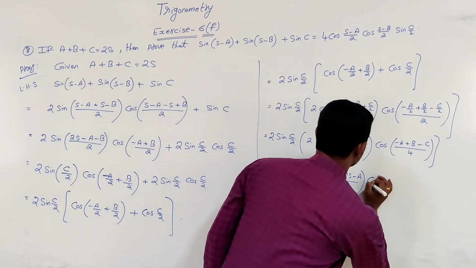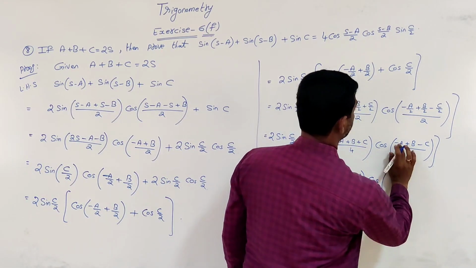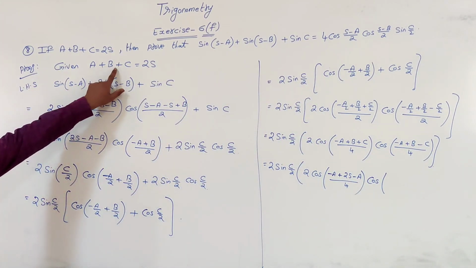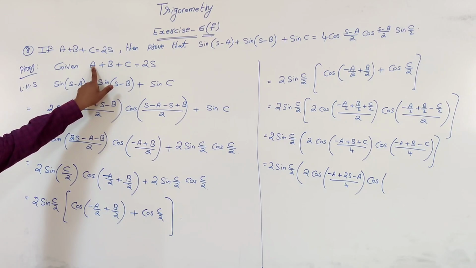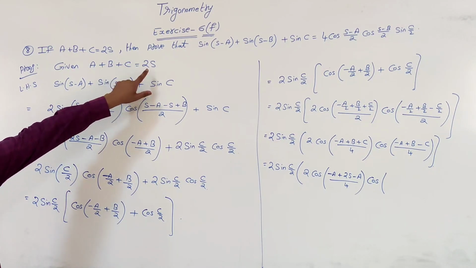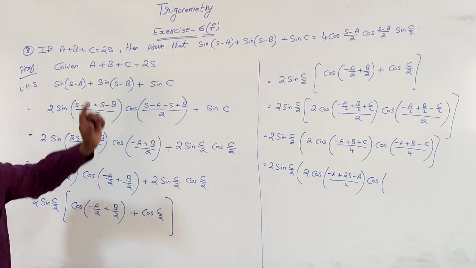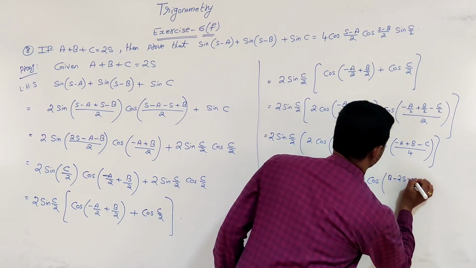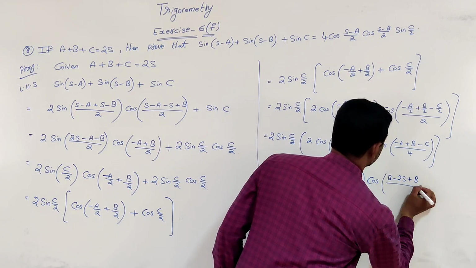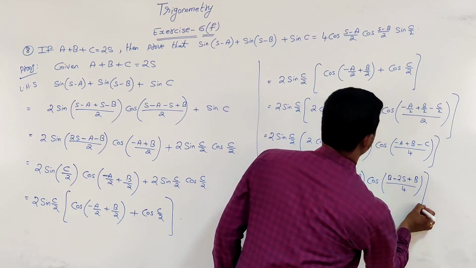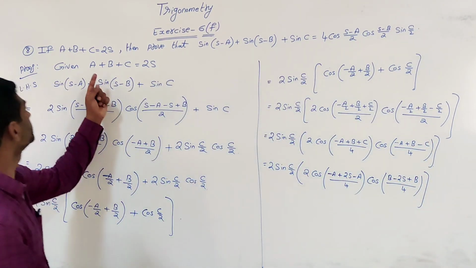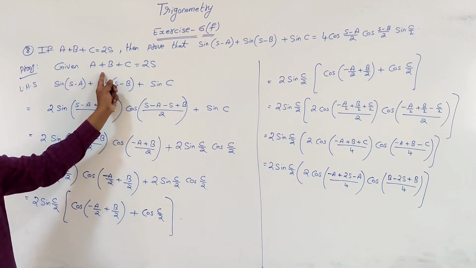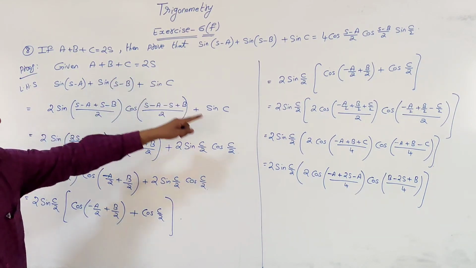Similarly, cos of (minus a minus c plus b)/4: what is minus a minus c? It will be b minus 2s, plus b as it is, over 4. Because minus a minus c means if you take a and c to the right hand side and bring 2s to the left side, it will be b minus 2s.